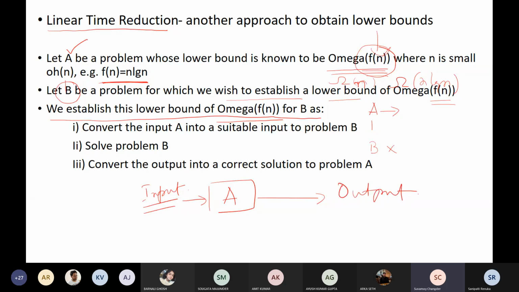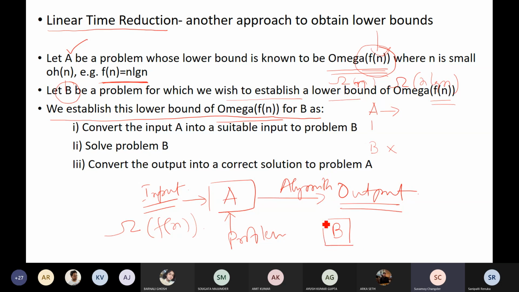This is the problem, not the algorithm, sorry. We apply an algorithm here to produce the output. Now the time complexity of the problem A is given as omega of f of n. This is given. Our target is to find the lower bound complexity of the problem B.